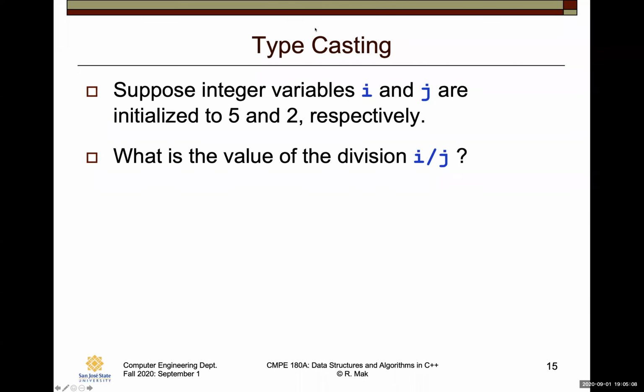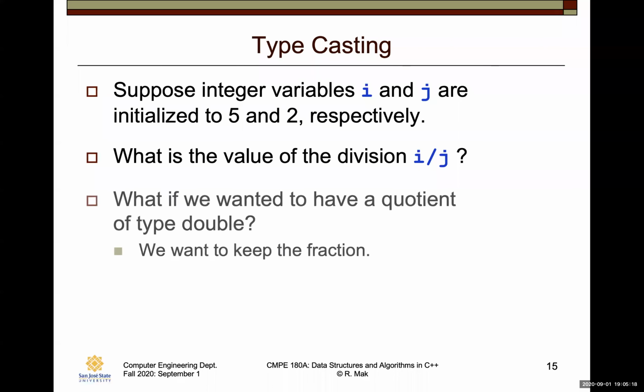Well, i and j are both integer, and so therefore we only get back an integer result, and so we'll get 2 as the result. Now, what if you really needed a quotient of type double, but all you have are these 2 integer variables, and you want the same fraction, but you want the result to be a double, not a truncated integer?